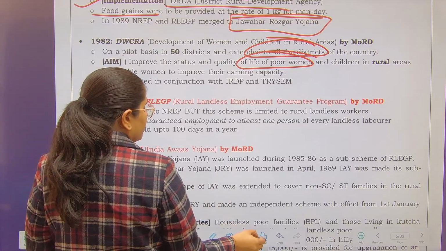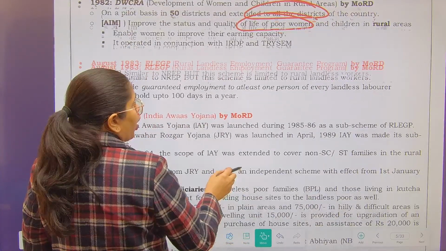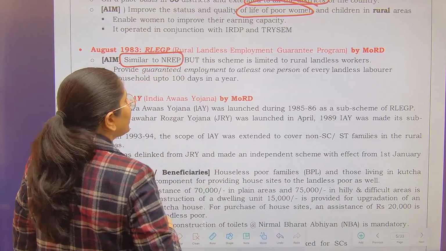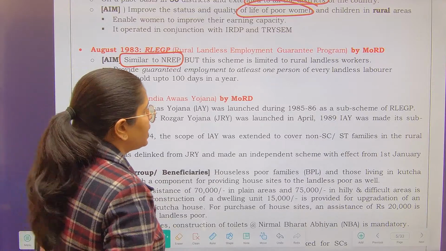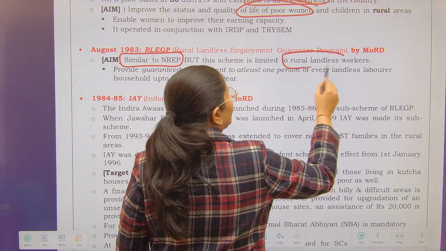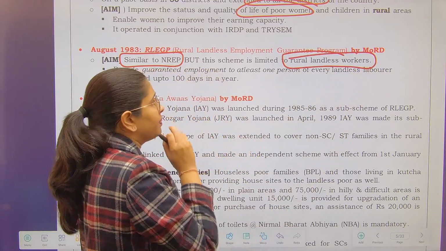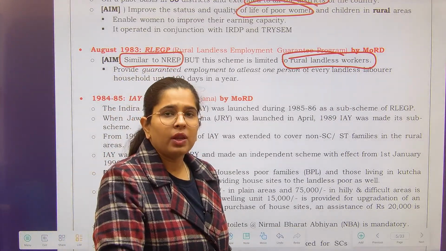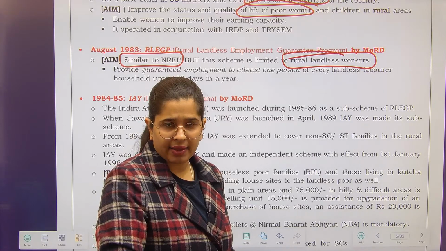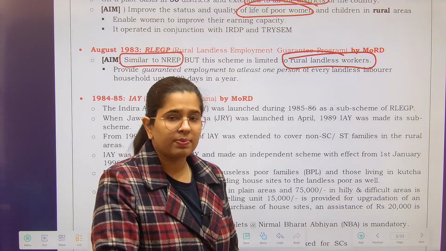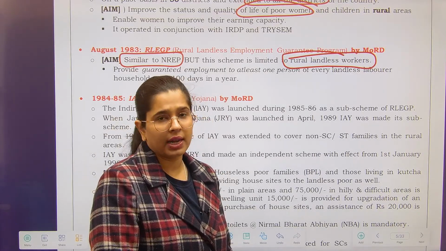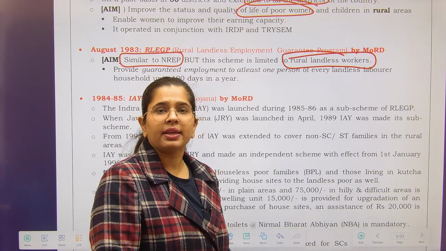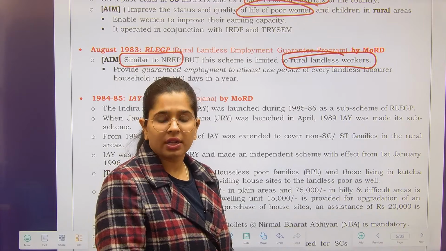Next is Rural Landless Employment Guarantee Program. It was part of NREP as well, but it is limited to rural landless workers only. Landless labor means obviously those people who have land in their name will be called farmers, but these are the laborers who do not have any kind of land and they spend their day working on the fields of another.